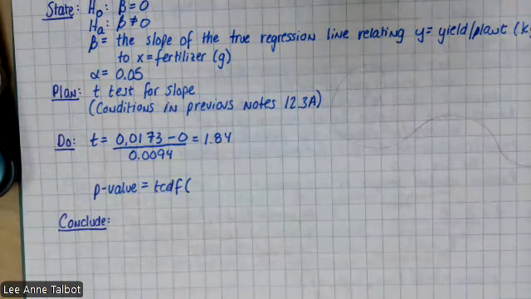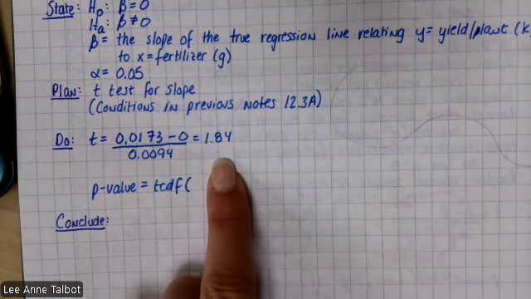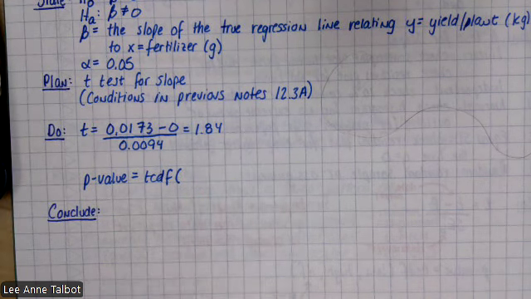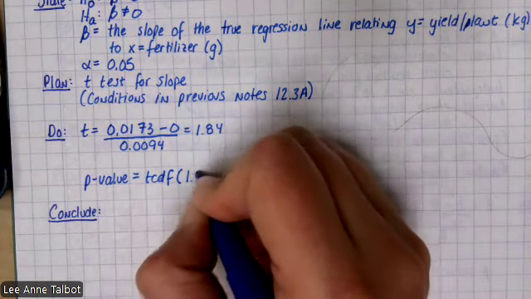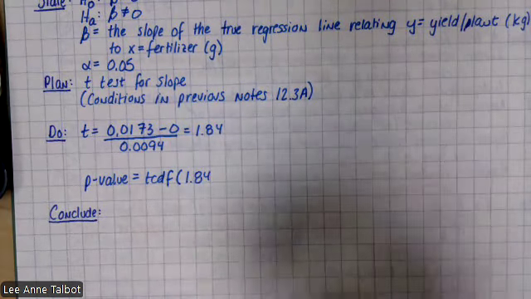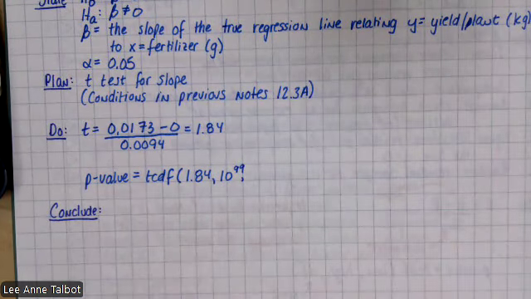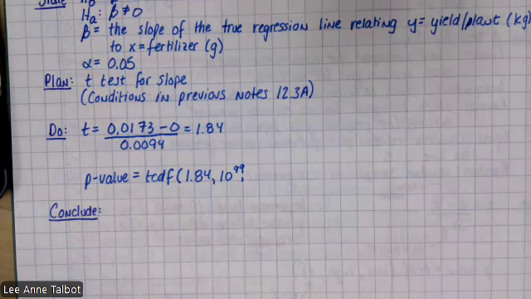Okay, now I have a positive T. So what will my low and what will my high be? Low is 1.84. Yep. And here's a question. What's the degrees of freedom in this problem? n minus 2, but I don't know what else. Yeah.